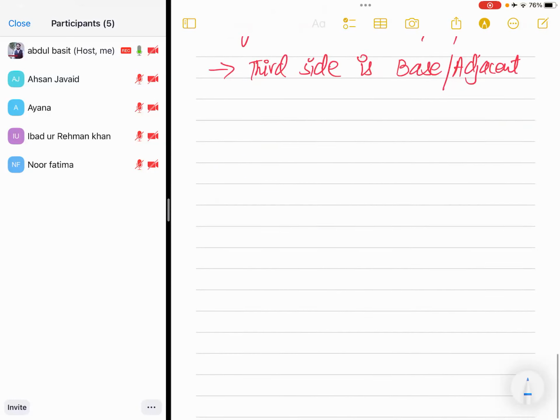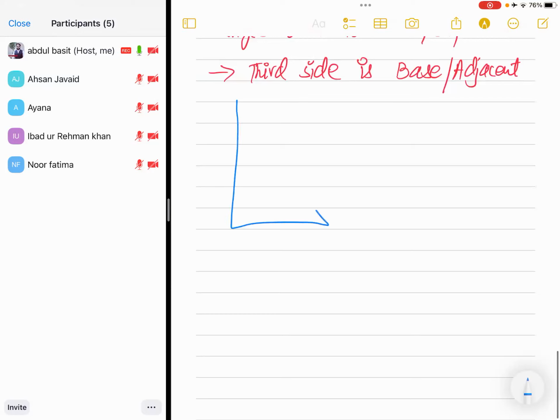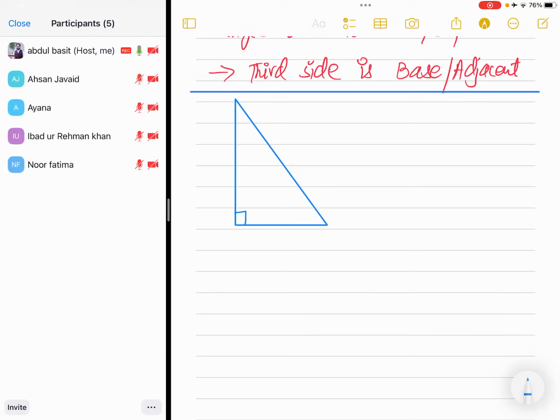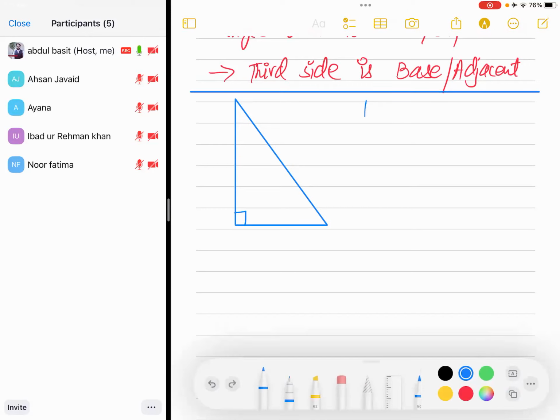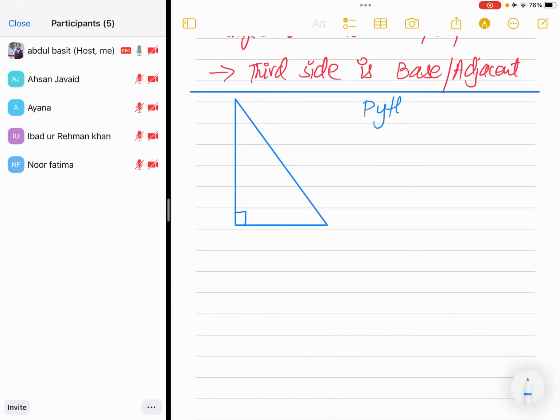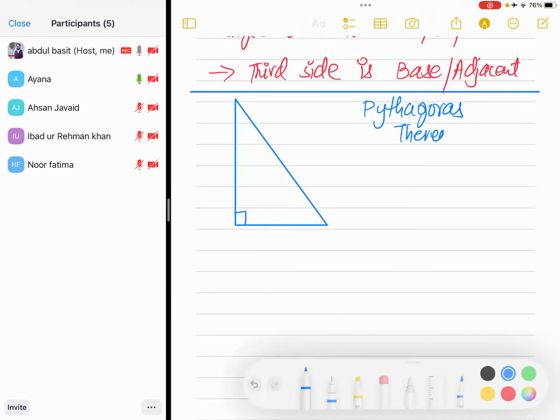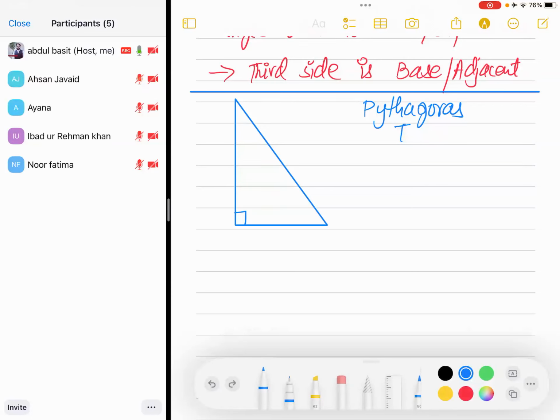ठीक है, जैसे फॉर एग्जांपल अयाना, कैन यू हियर मी? Yes. Okay, so first of all we need to study Pythagoras theorem. Okay, do you know what is Pythagoras theorem? Hypotenuse square is equal to perpendicular square plus base square. Very good, very good.